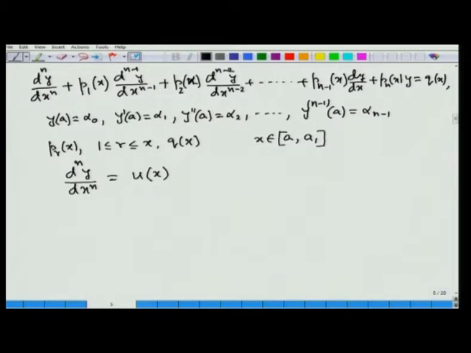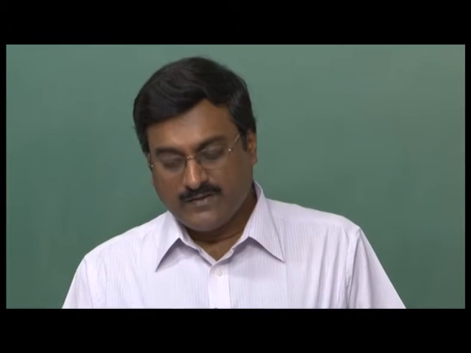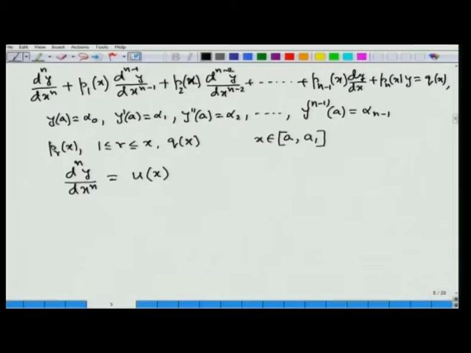That means there exists a y which is continuously n times differentiable and satisfies this equation, which is a solution of this equation, and therefore the nth derivative of y is equal to u(x), which is also continuous.